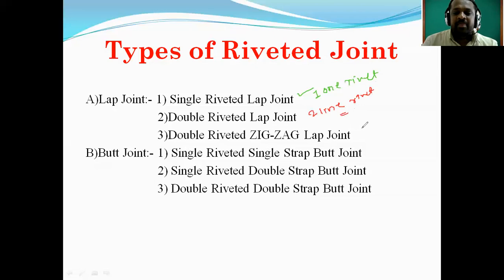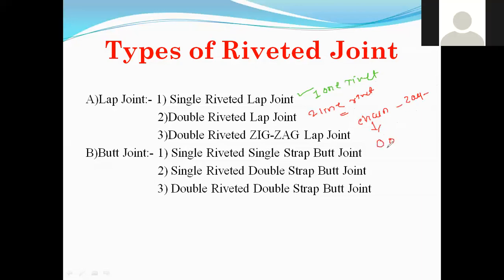Then chain type rivet and zigzag type rivet. When the positions of the rivets are front to front, in a chain, we call it the chain type.